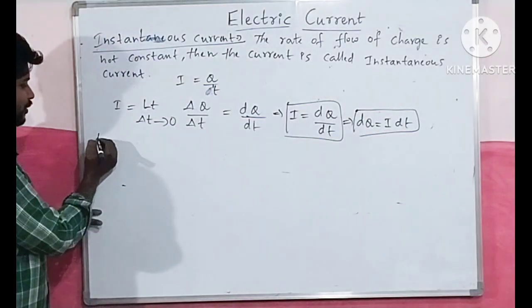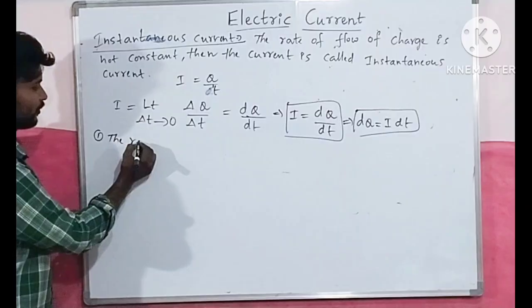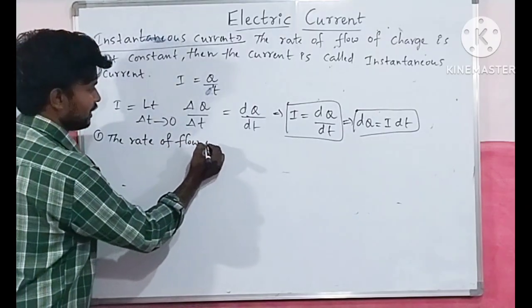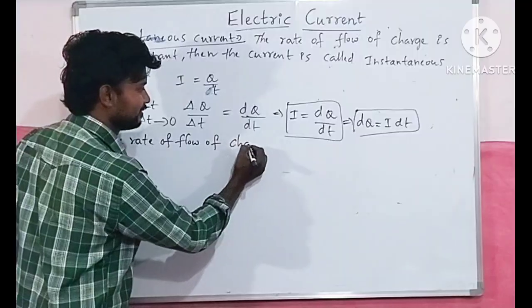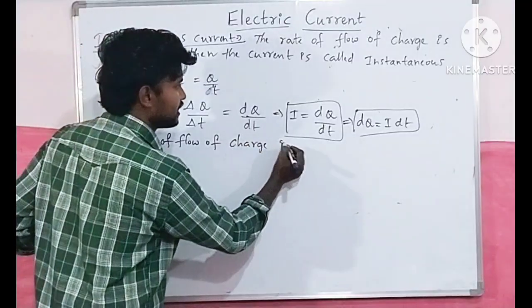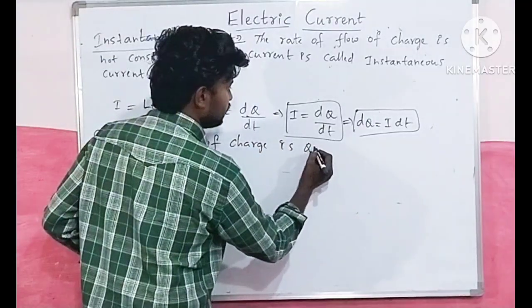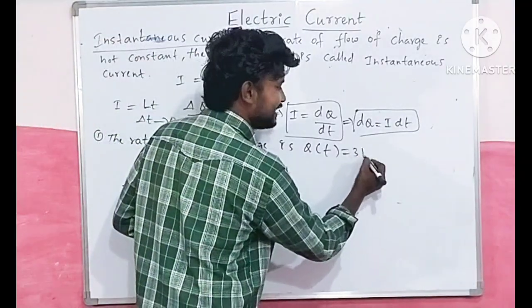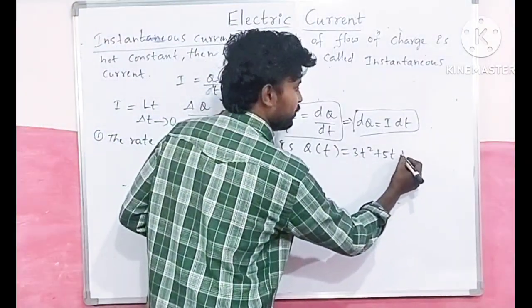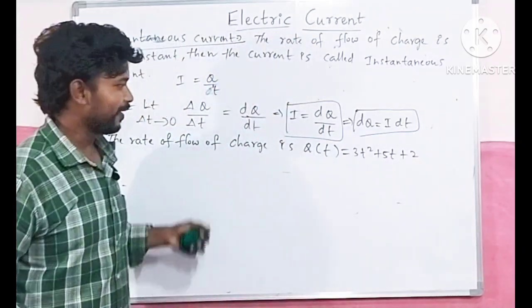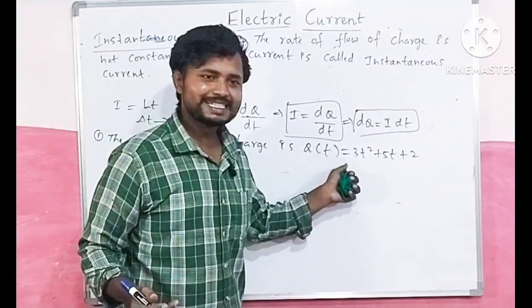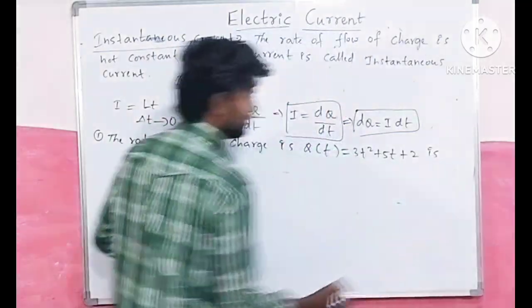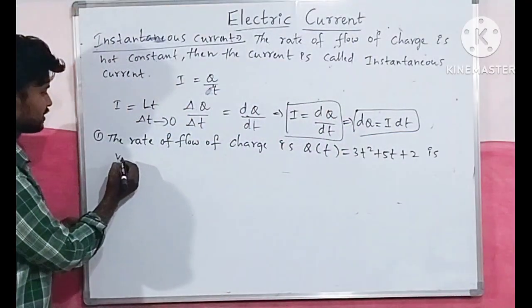Here is one numerical question. The charge Q as a function of time is Q(t) equal to 3t square plus 5t plus 2, which varies with time.